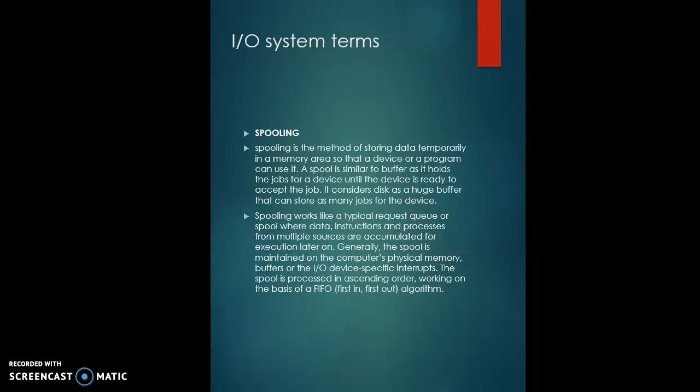We have spooling. Spooling is the method of storing data temporarily in a memory area so that a device or a program can use it. In this program or system, data is sent to and stored in memory or other virtual storage until the program or computer requests it for execution.